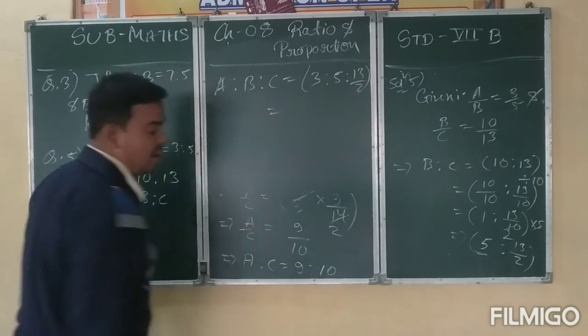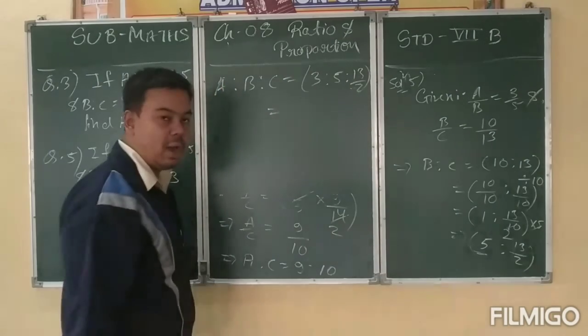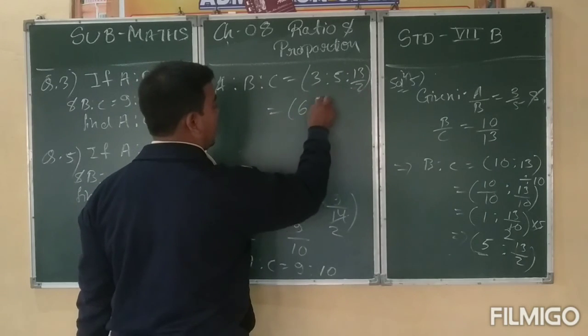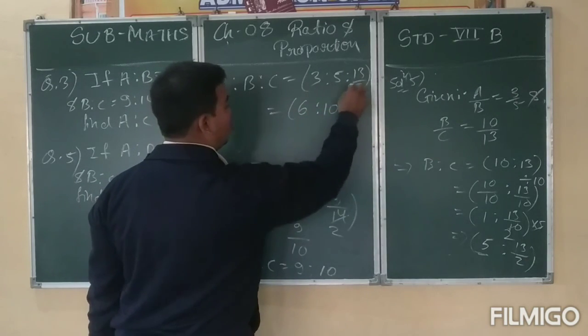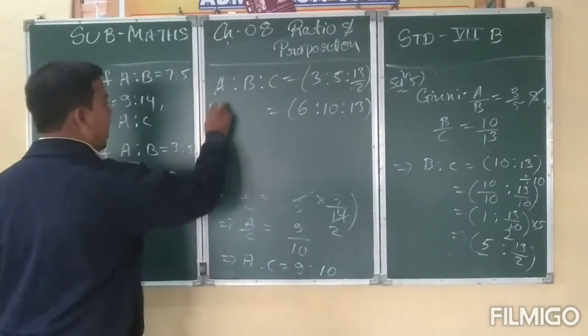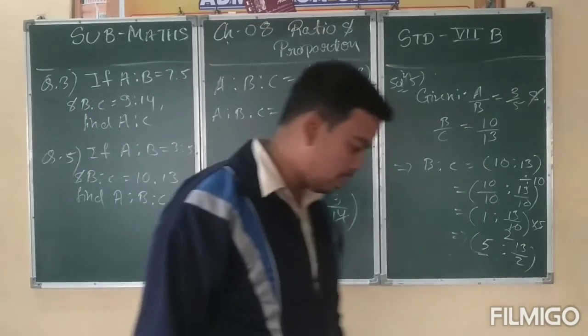Now denominator 2 is there, so the whole equation you multiply by 2. So 2 3s are 6, 2 5s are 10, 2 2s cancel, 30. 6 ratio 10 ratio 30. This is the A ratio B ratio C value. Okay, let's copy this.